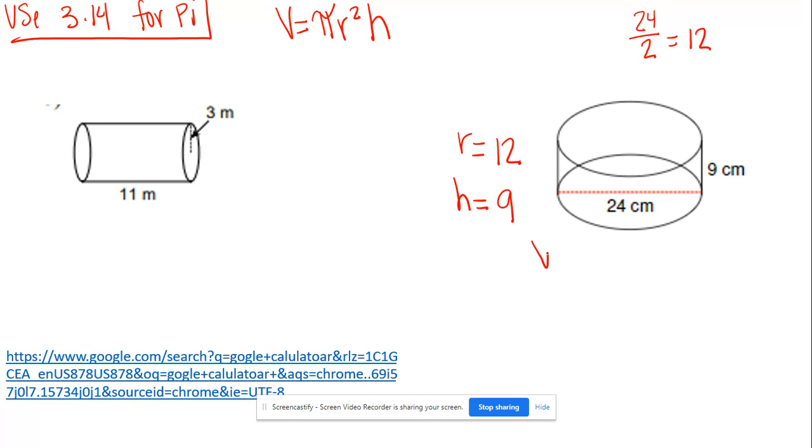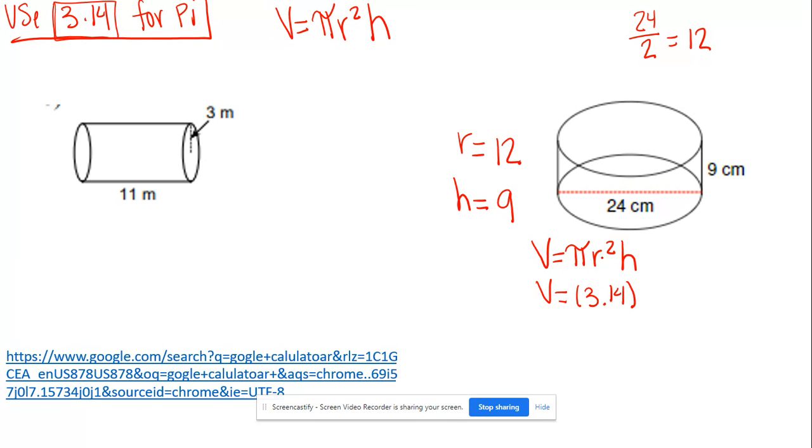I'm going to write my formula down again. Volume equals pi radius squared times height. So volume equals, because that's what we're trying to find, pi. Now I'm going to plug in certain numbers for this. What do I plug in for pi? Remember over here it says 3.14. So I'm going to plug in 3.14.